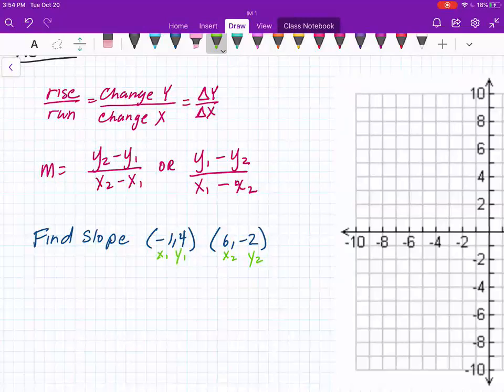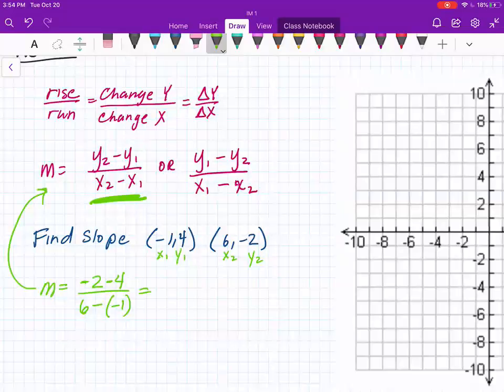So I'm going to take, using my formula from up here, y sub 2, which is a -2, minus y sub 1, which is 4, over 6 minus x sub 1, which is a -1.